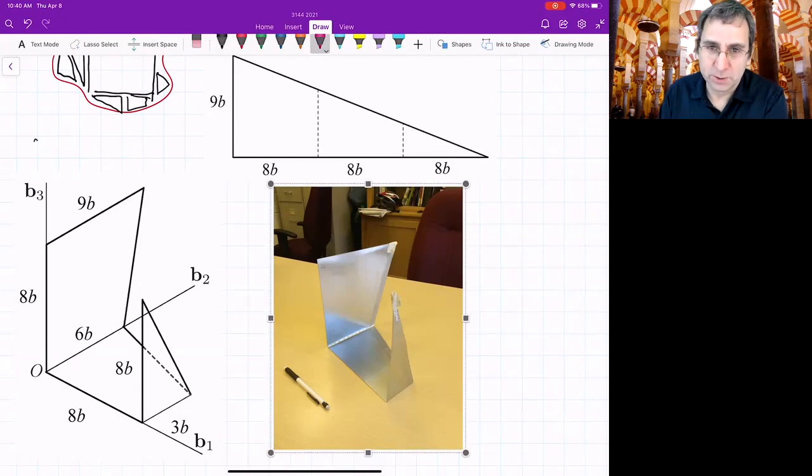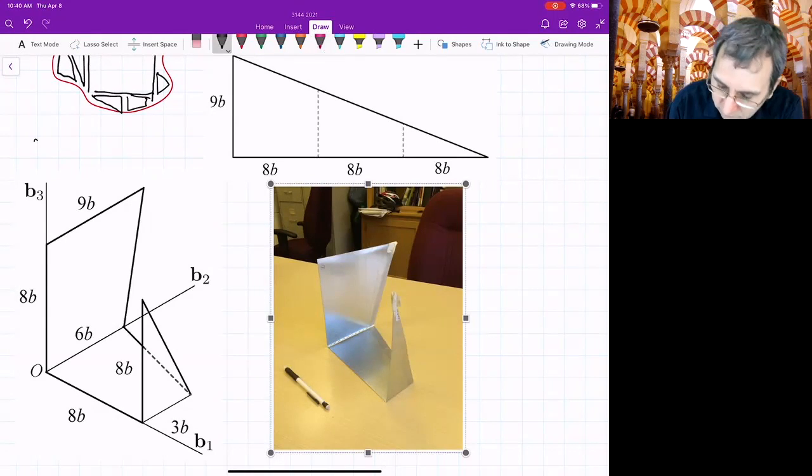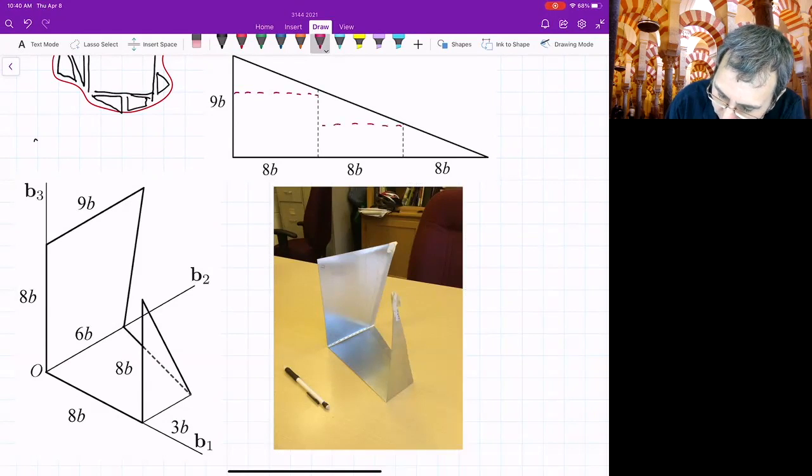But what you could do is take this shape and decompose it into some basic shapes. I know about triangles and I know about rectangles, so I'll decompose this thing into 5 shapes: 1, 2, 3, 4, 5.